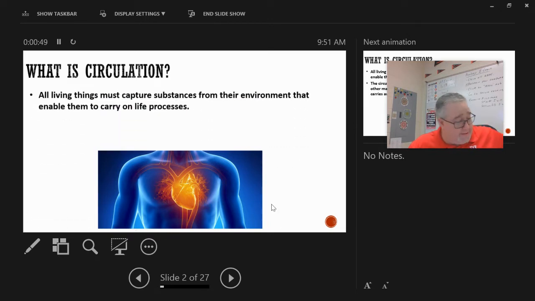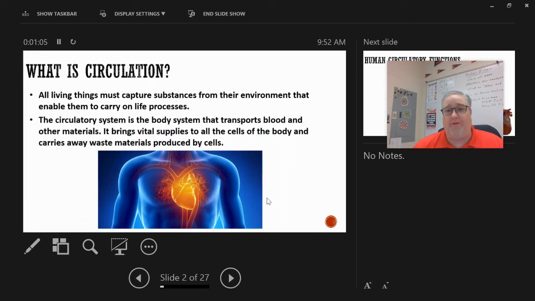One of the things about circulation is, we know that our blood carries different things to all of our body cells, but first we have to capture those things from our environment. For example, oxygen, right? Oxygen is something we have to capture from our environment, and then it has to be transported to all the different cells of our body.